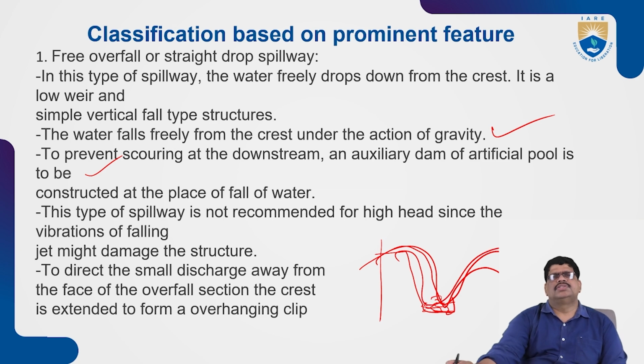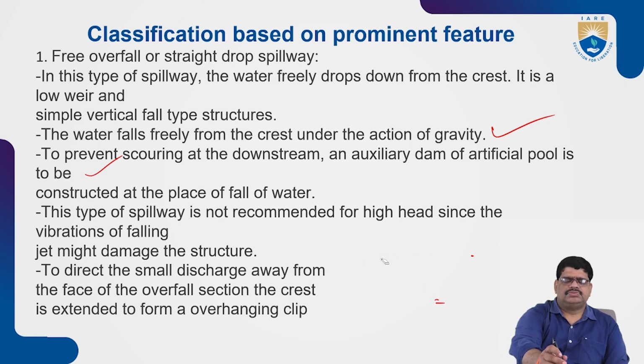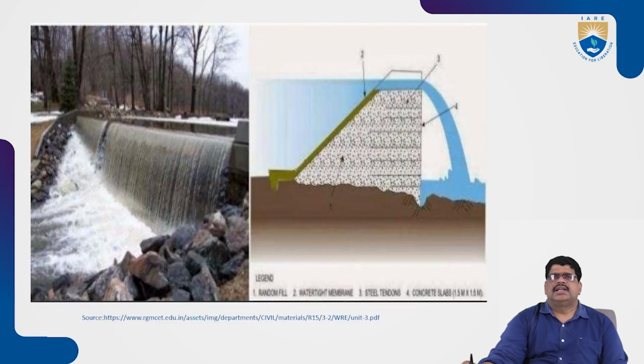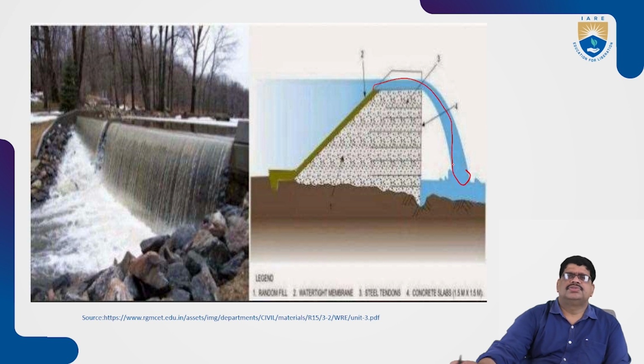This is called a hydraulic dam. Next, it might damage the structures, with discharge or overflow from the crest and overhanging the lake. So let us see that one. This is the hydraulic jump. Water comes from the top and flows to the action.